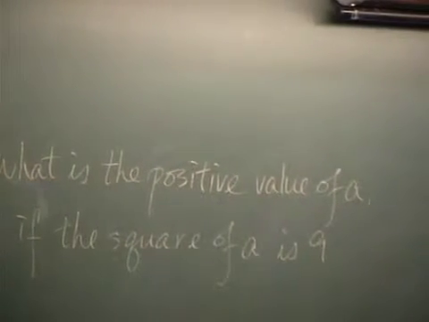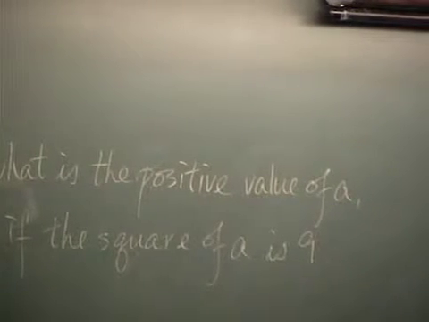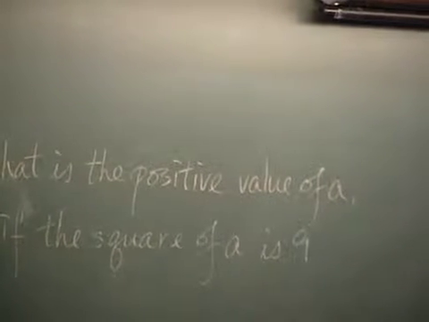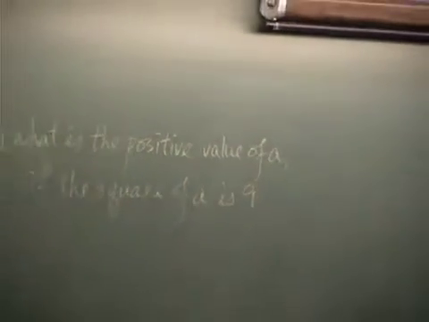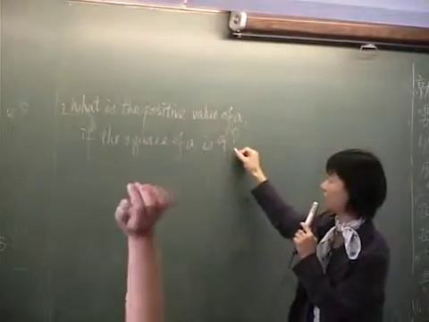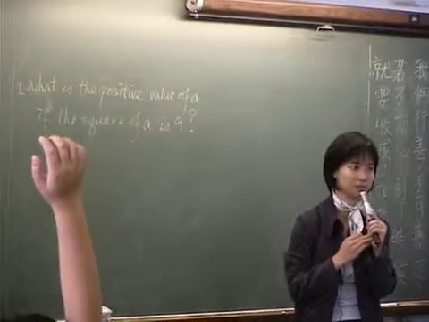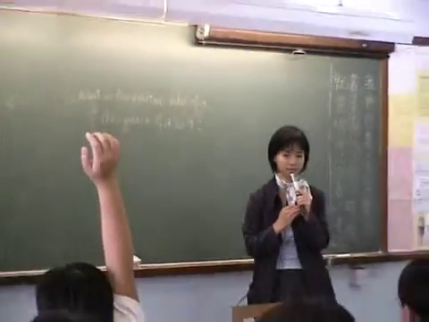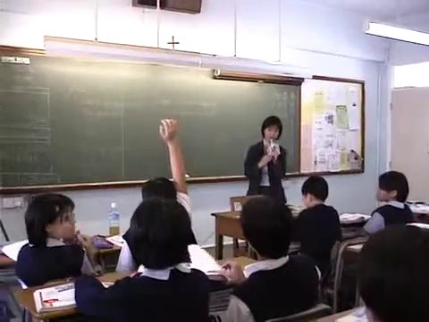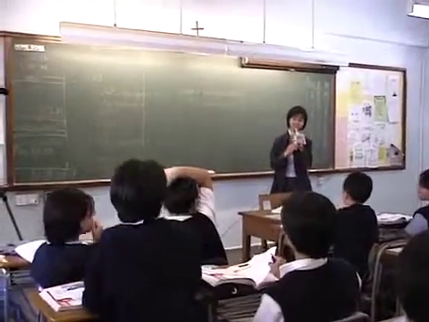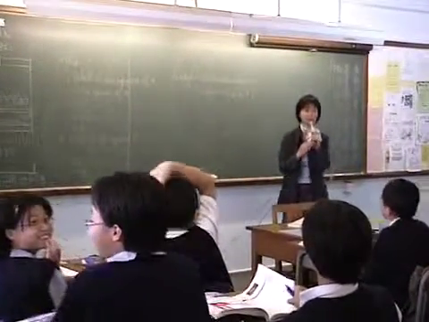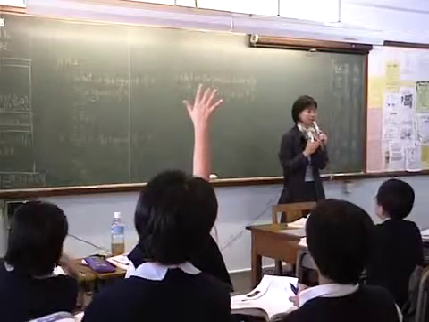Now what is the positive value of A if the square of A is 9? So can you find the answers? So what is the positive value of 9? 3. So how can you do that? How can you find the answers?